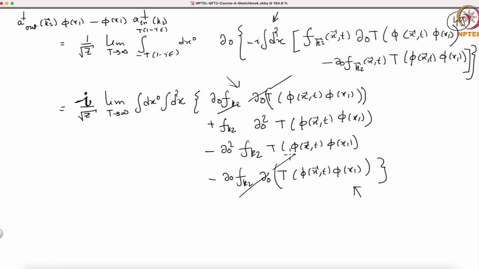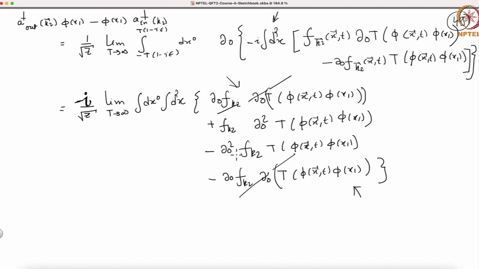Okay, so what we are left with is just del naught square acting on this Fk2, and then you have del naught square acting on Fk2.